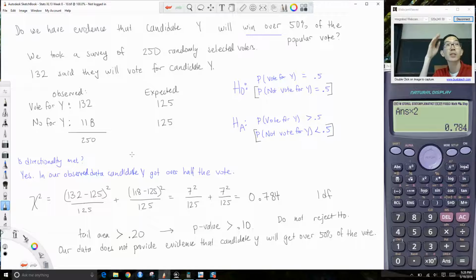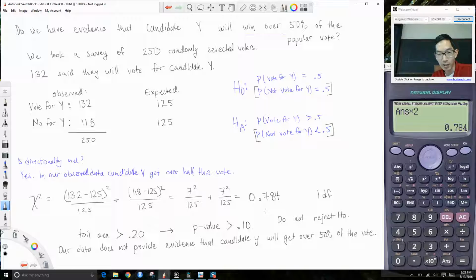Okay? Yes? So for this one, the conclusion was based off of the p-value alone. We don't need to compare it to an alpha? Oh, okay. I'm sorry. So the p-value is greater than 10%. Yeah, we should compare it to alpha. Even if alpha were 10%, our p-value is greater than alpha.